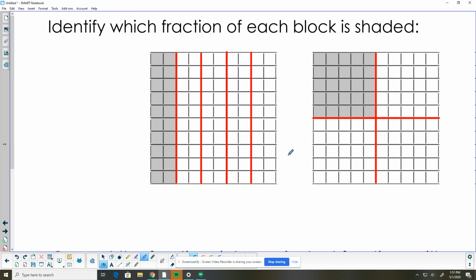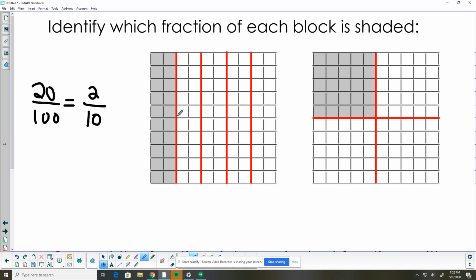I can take a look at this hundreds grid block again, and it says which fraction of each block is shaded. Well, taking a look at this one, I can see that there's 10, 20 hundredths. I can see that there's 2/10. I can see that's also the way of saying there are 2/10.